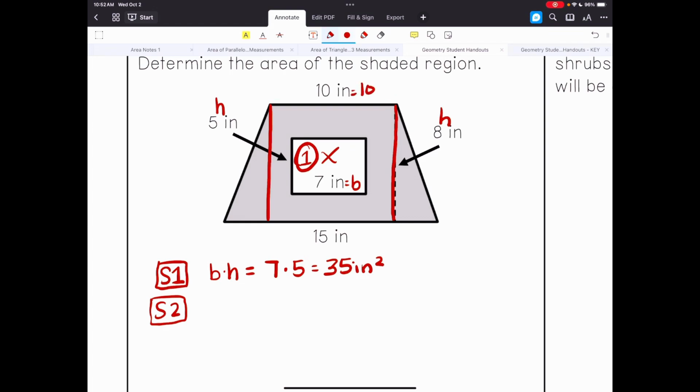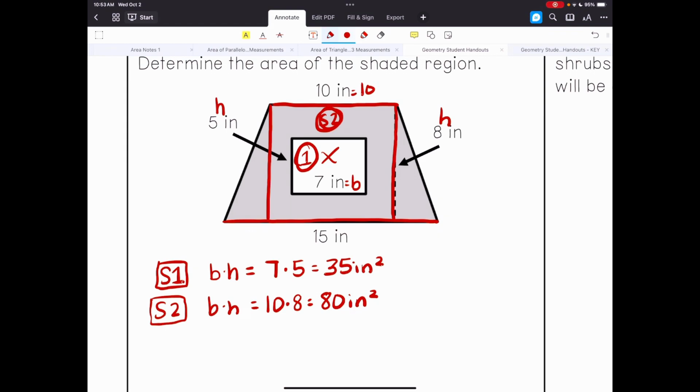The 15 is referring to this big long line. We only want the shorter 10-inch one. So base times height again for our shape 2 is going to be 10 inches times 8 inches, which is 50, not 50, 80 inches squared.